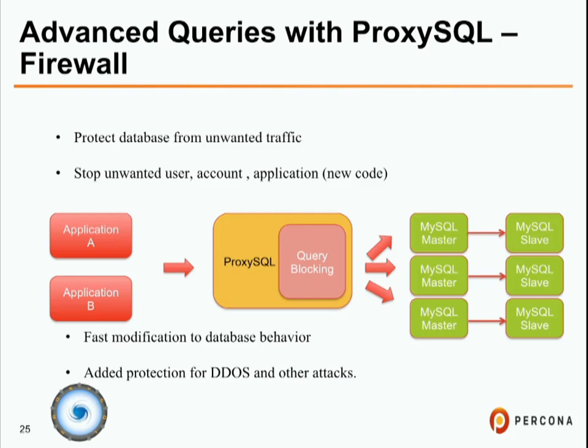And I know of somebody that actually went a bit extreme here, and he's using the query digest table in ProxySQL to understand what the queries are. And instead of having a list of queries that need to be blocked, he went for a list of queries that can be executed. So everything else is blocked. So he created a whitelist basically. They are a legal company, so they have very strict rules about what can be executed on the database server.